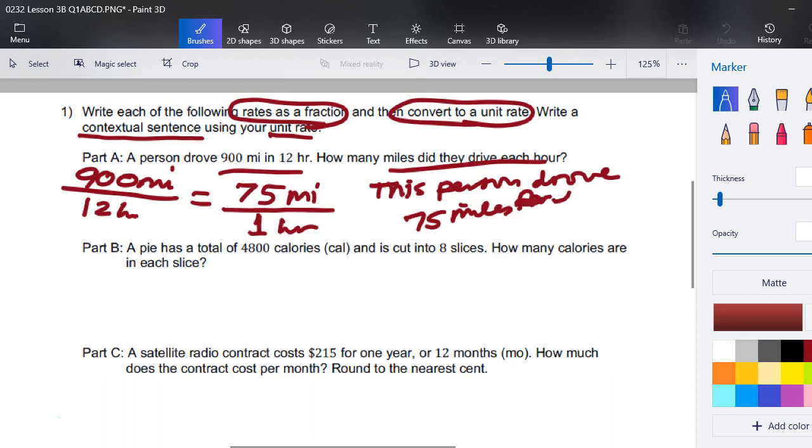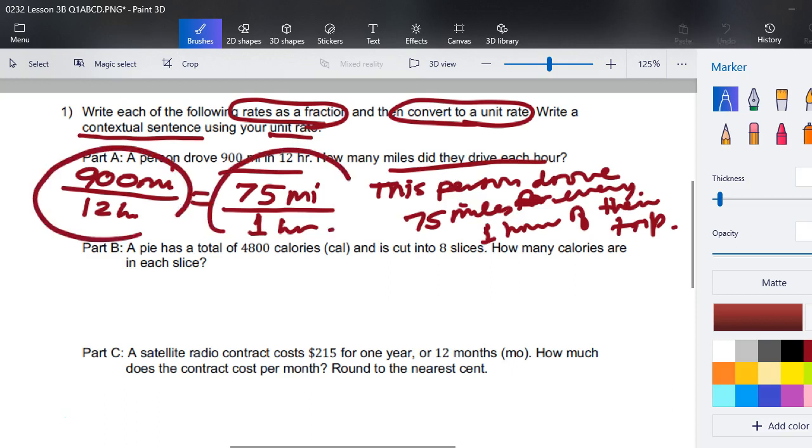How about drove 75 miles every hour, 1 hour of their trip. And we can flip the words around and say every hour they drove 75 miles. The gist being you can write a fraction, you can reduce it, and then you can interpret what you have written.